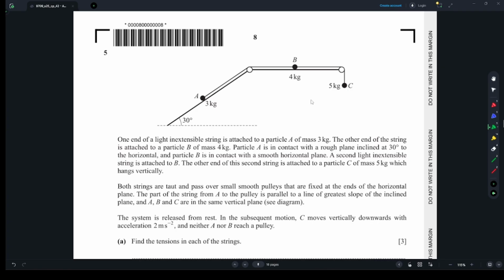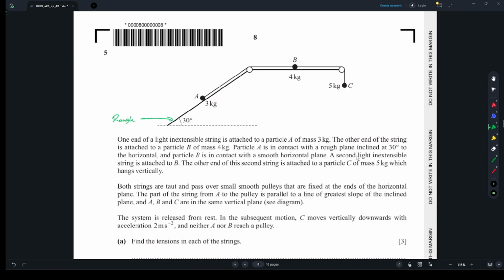So here we have one end of a light inextensible string is attached to a particle A of mass 3 kilogram. The other end of the string is attached to particle B. Particle A is in contact with a rough plane, so this surface is rough, inclined to 30 degrees to the horizontal.